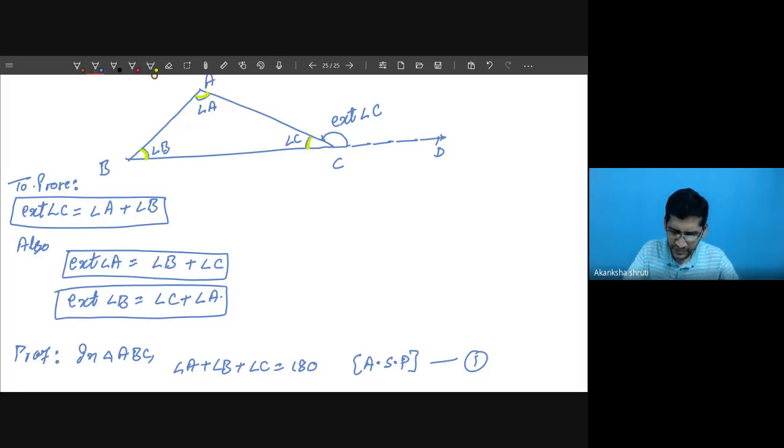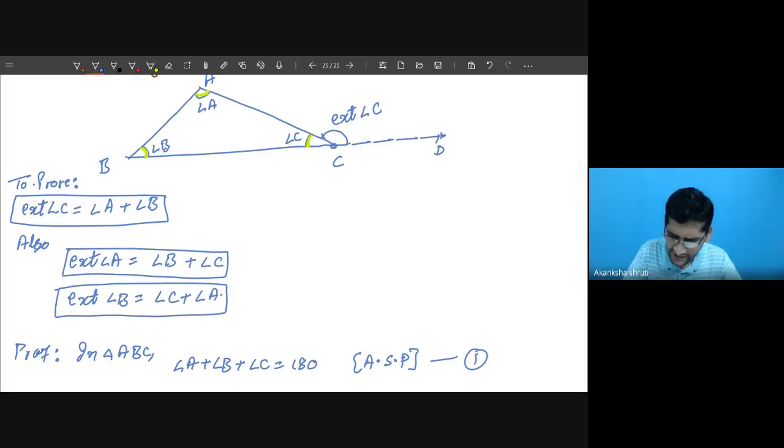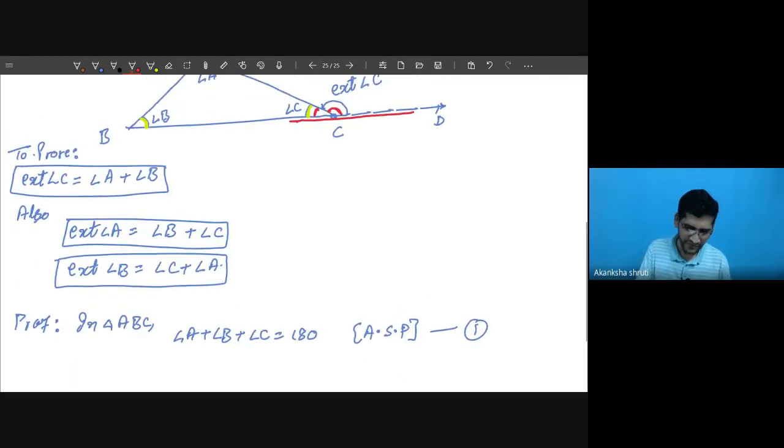Now, after this, you have to focus at vertex C only. Students, while focusing at vertex C, what can we observe? At this C, it is a straight line. Are we observing this as the straight line? It means whatever this angle C is, and this exterior angle C, the sum of these two will be 180 degrees. Can we write like that? Yes, sir.